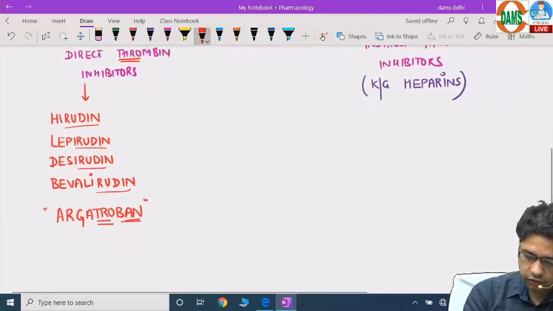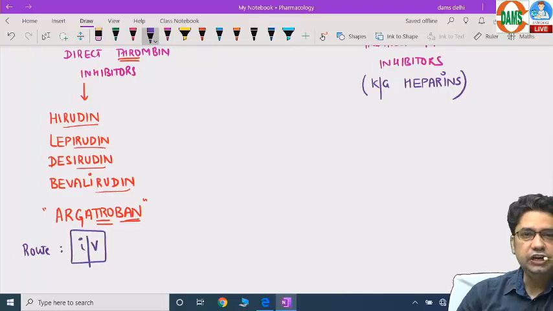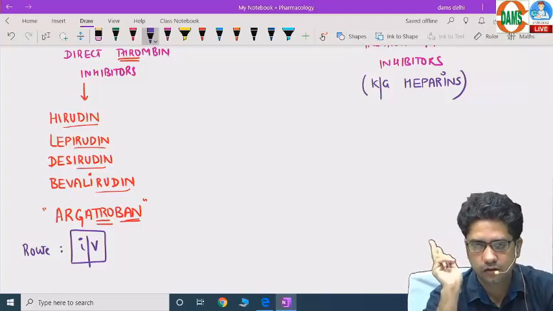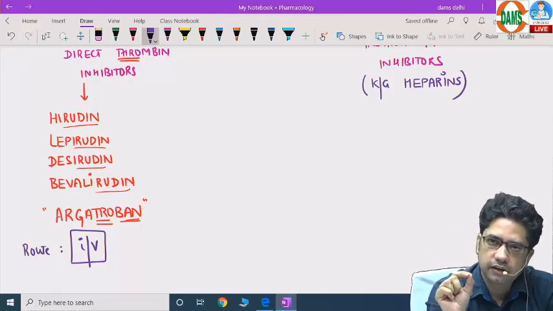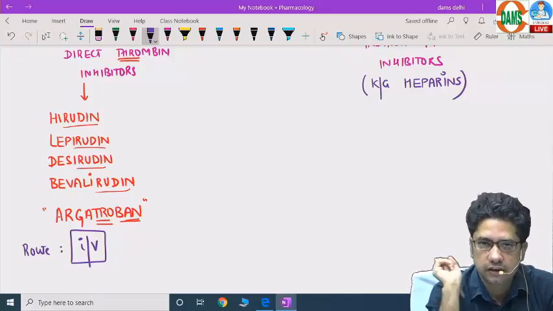Now, before going further, sir, what is the route of administration? The route of administration of these drugs is IV, intravenous. Now you will remember two points. Remember, any anticoagulant which is given intravenously requires monitoring.